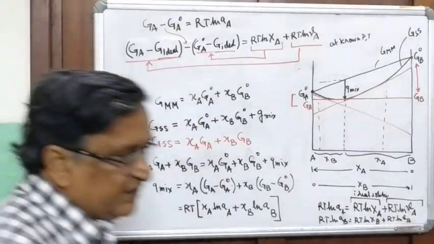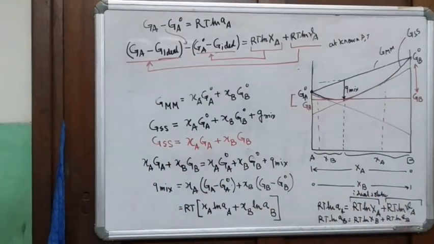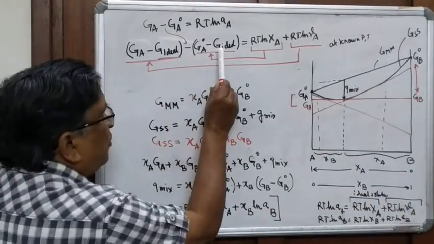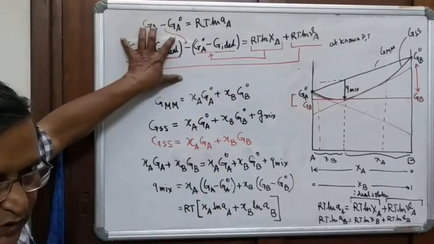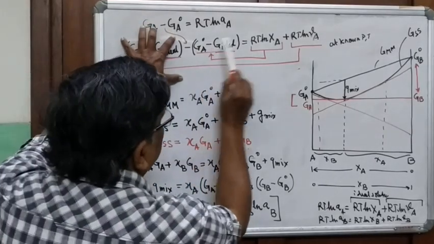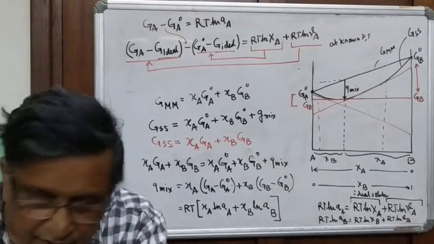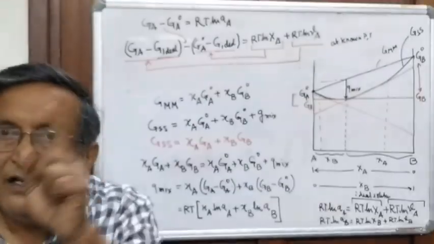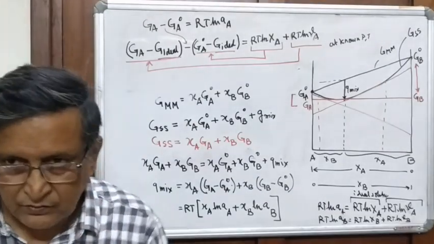I'll give you 1-2 minutes to think about it. Think about it. There is GA0 minus G ideal. Forget this part. If I have to write this, then this should be equal to RTL and XA. Because when you say XA, then you mean gamma A is 1.